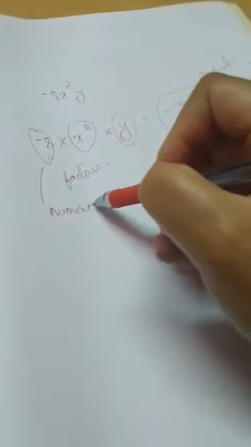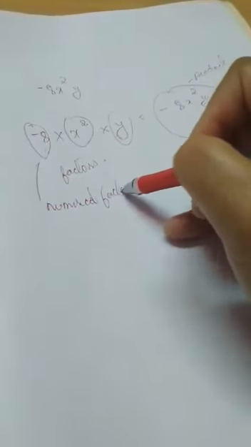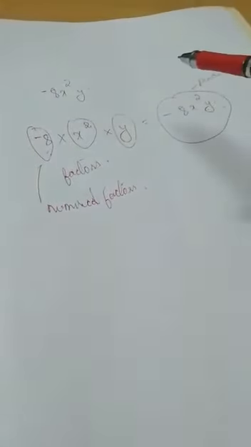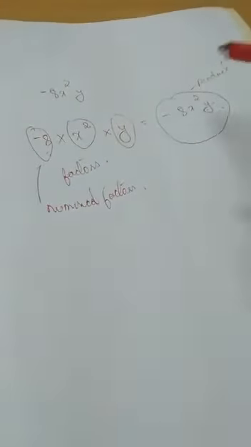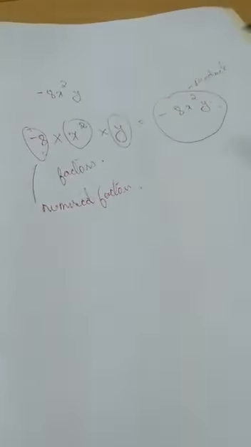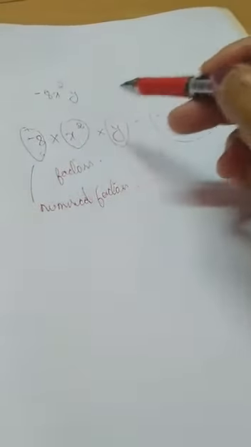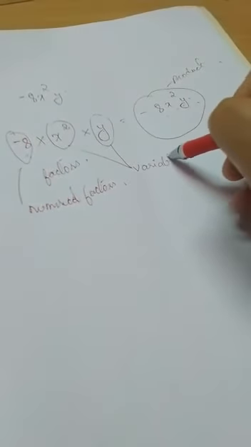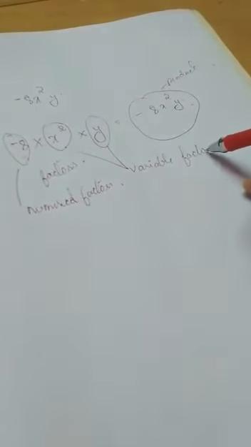So minus 8 will be called a numerical factor. And similarly x square and y, all those are called what? We know that these are variables, no? So what type of factor are those? For this product, they are known as variable factors. They are known as variable type of factors.